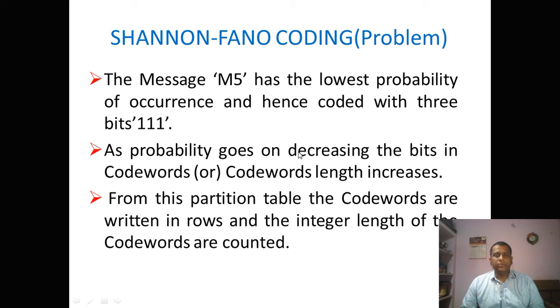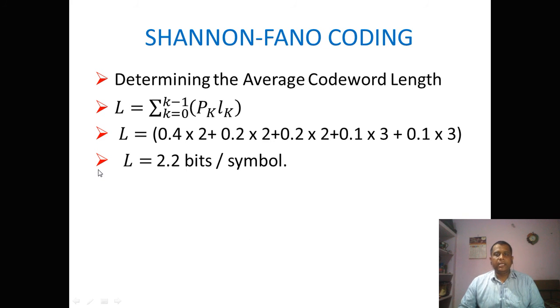As probability decreases, the code word length increases. From this partition table, the code words are written in rows and the integer lengths of the code words are counted. These are taken to the next process of determining the average code word length, capital L.